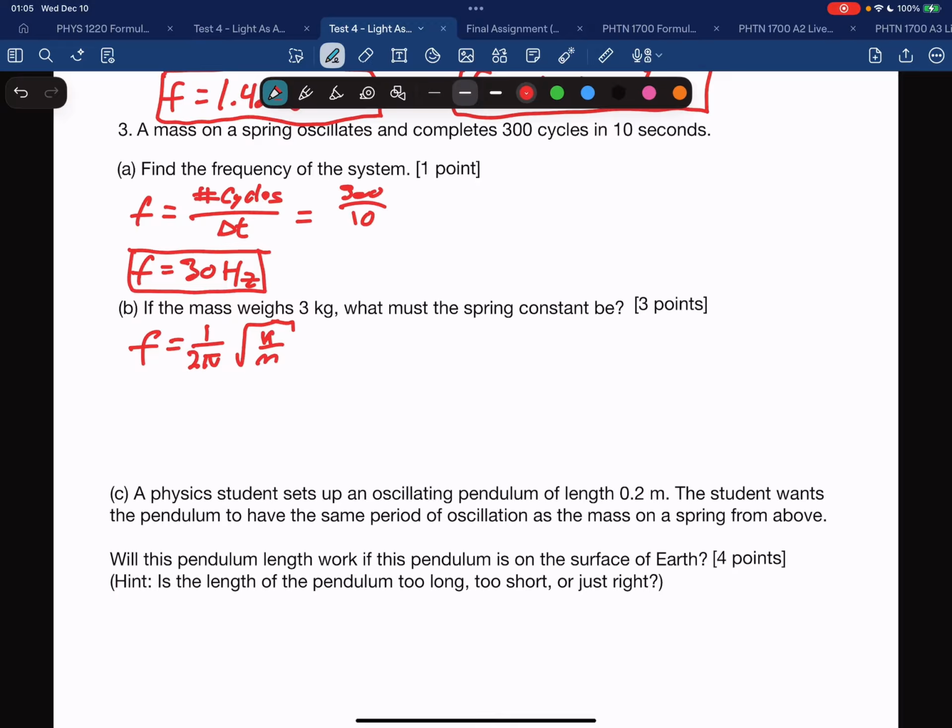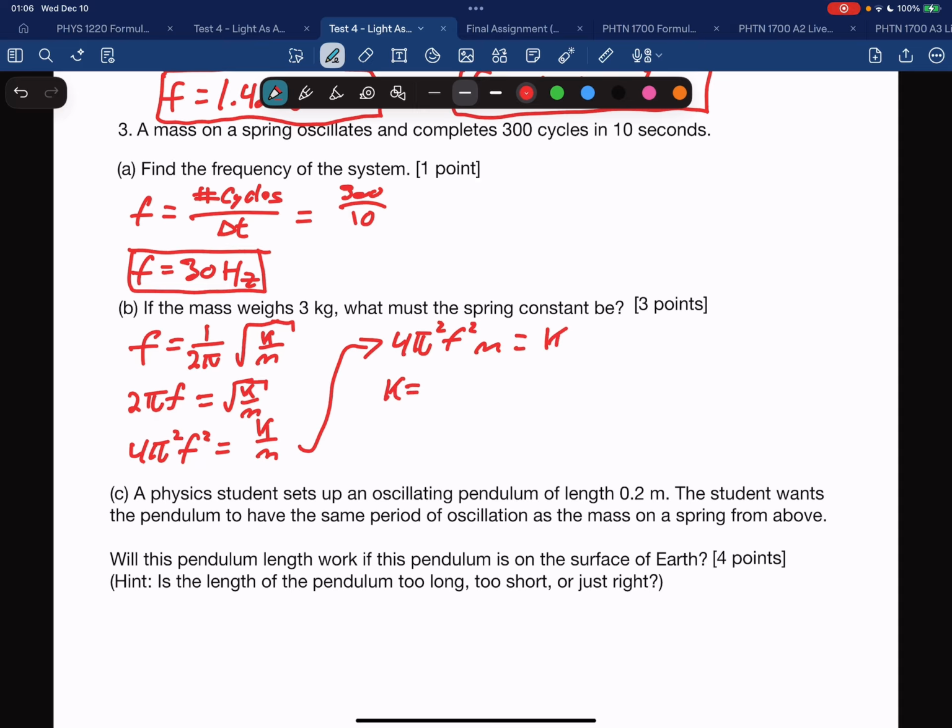So first, let's rearrange this formula. I'm going to multiply everything by 2 pi, so I get 2 pi times the frequency equals the square root of k over m. Okay, I'm going to square everything, so I get 4 pi squared f squared equals k over m. Moving over here, multiplying everything by m, I get 4 pi squared f squared m equals k.